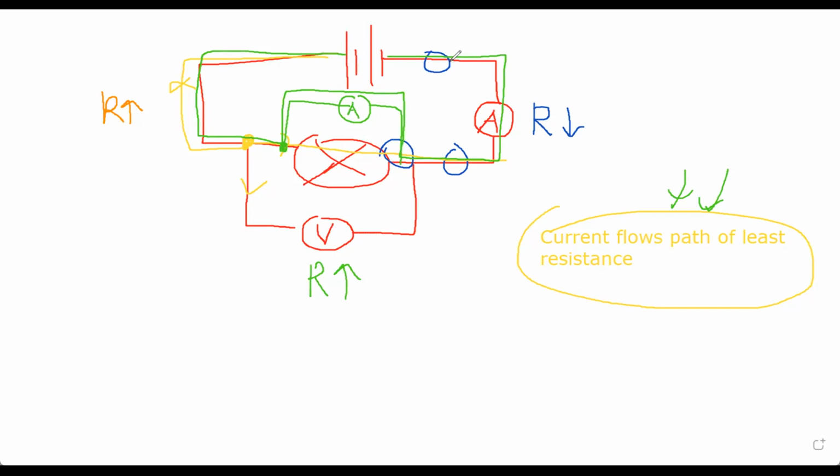So this is your basic understanding of ammeters and voltmeters first. This volt is literally to measure how much voltage is being supplied to this lamp.